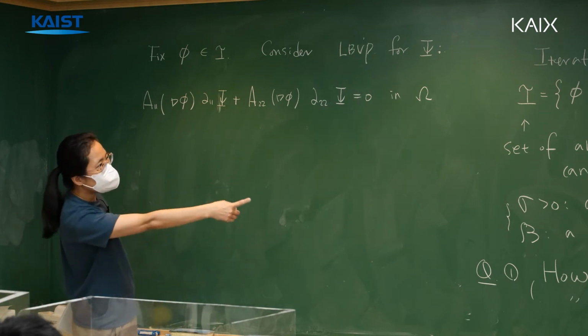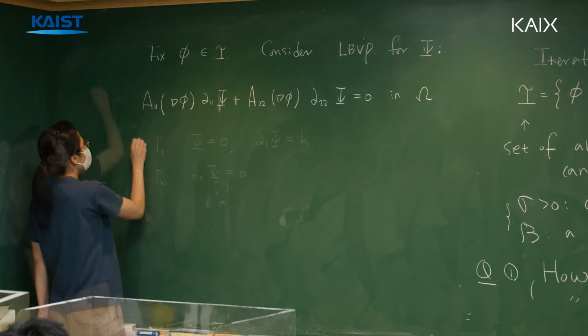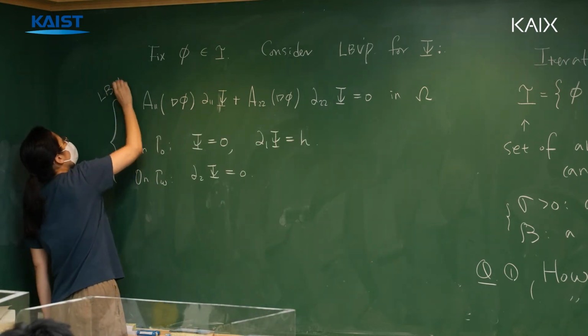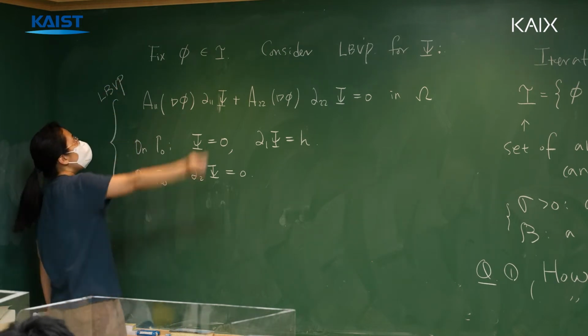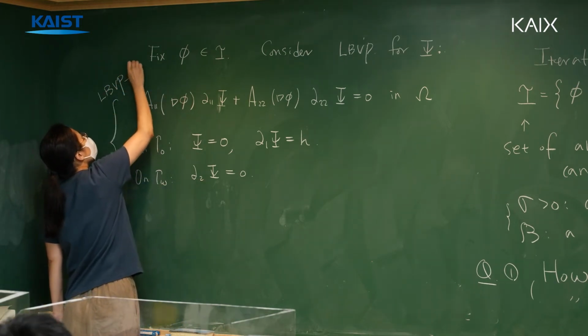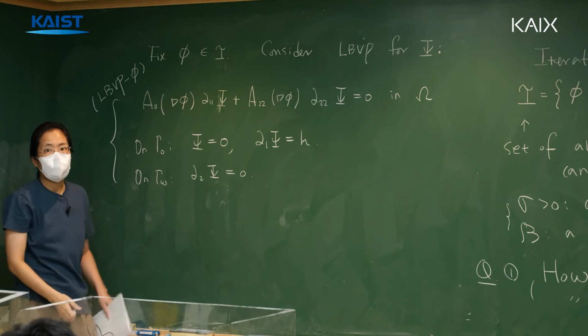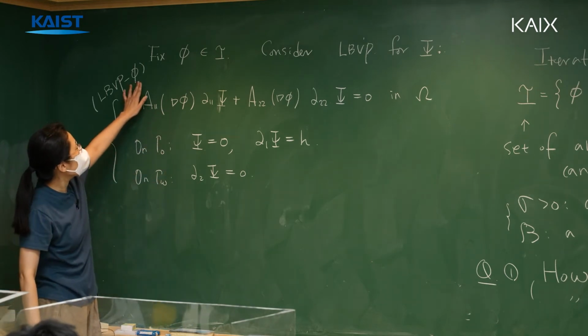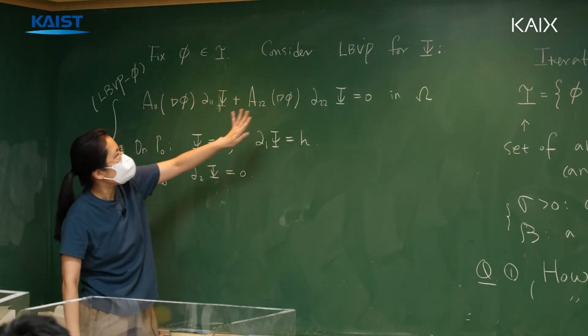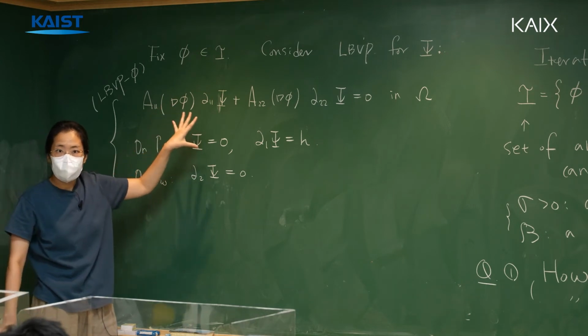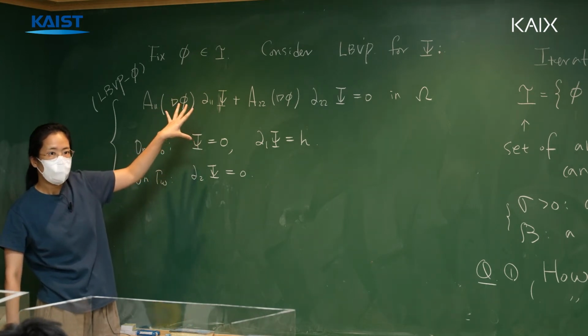And then the boundary condition is going to be the same. So this is the linear boundary value problem associated with this big phi. For each choice of function phi from the iteration set, you get a linear boundary value problem.